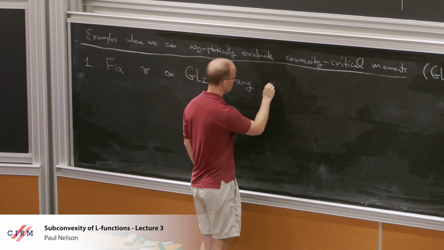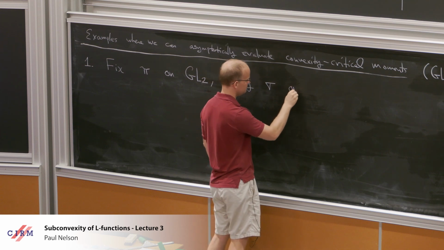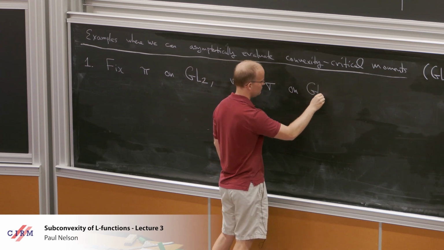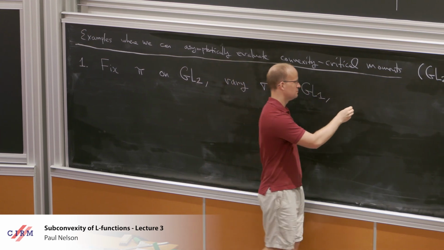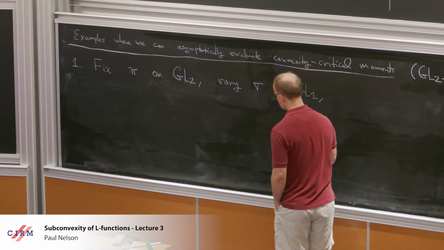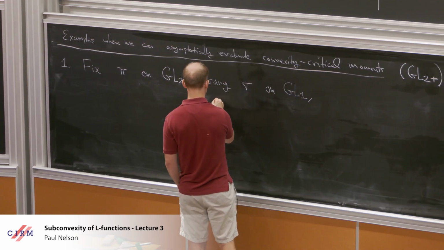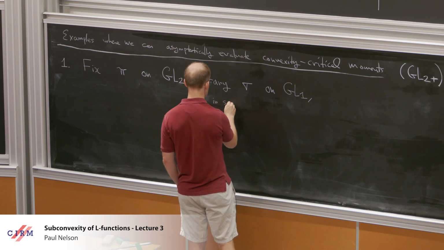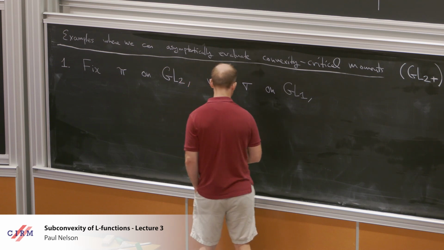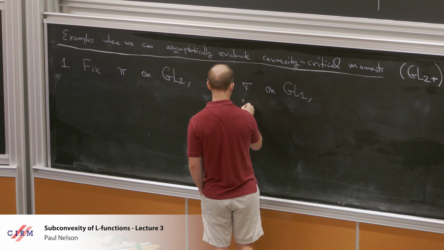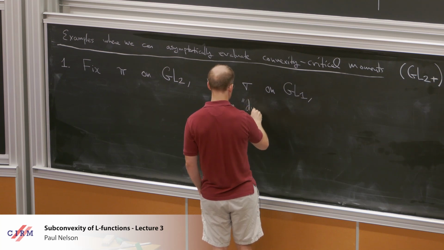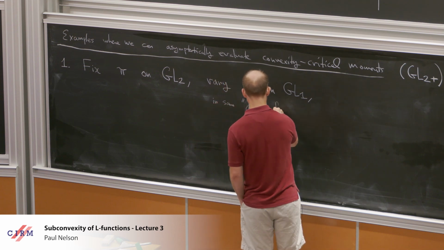And then we vary what I'll call sigma on GL1, so let's say in what I'll call a dyadic family. And it'll be clear what I mean by this in just a second.